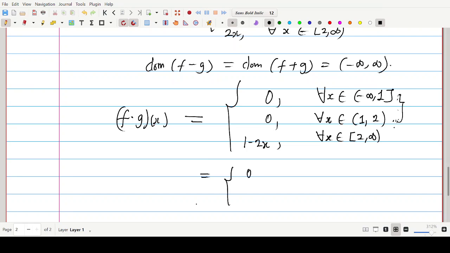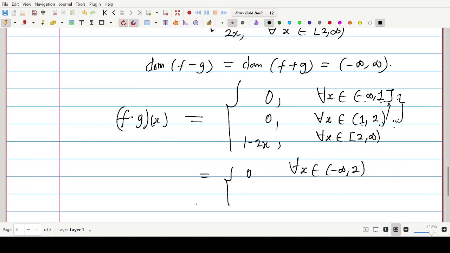Now, taking the union of these two intervals, minus infinity to 1 inclusive and 1 to 2 exclusive, we shall have our result as minus infinity to 2.